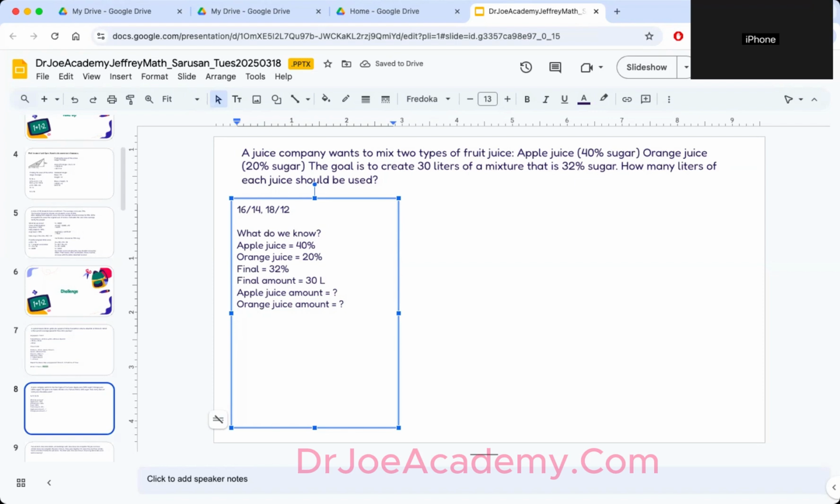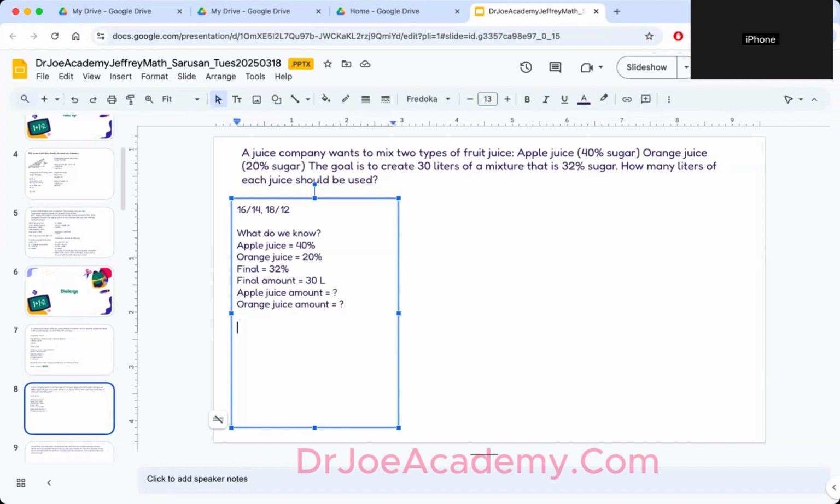What do you think is the first step here? Well, I guess you have to create an equation. Yep, excellent. We're going to need two equations here, but what is the first one that we can do? No worries.